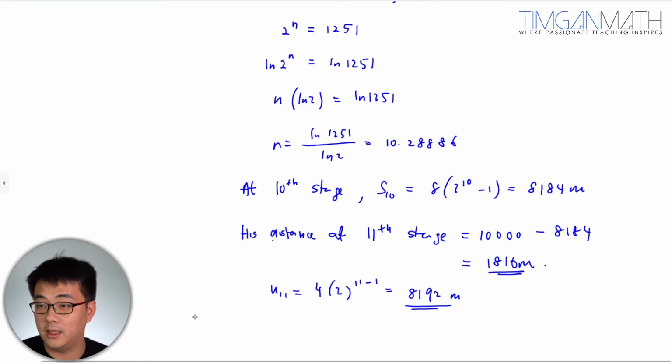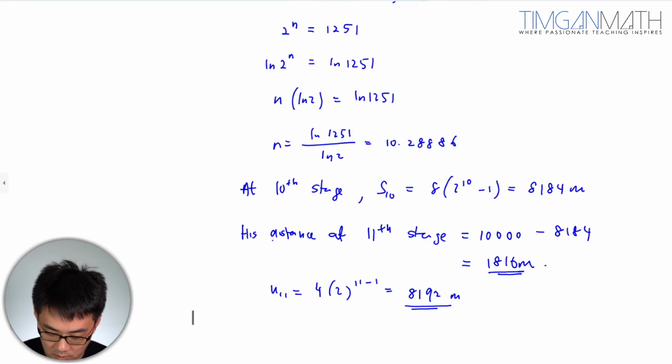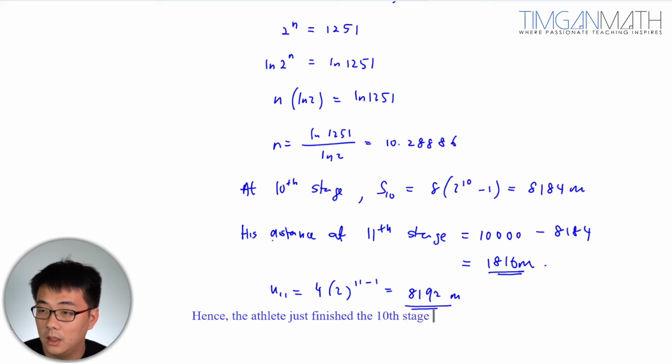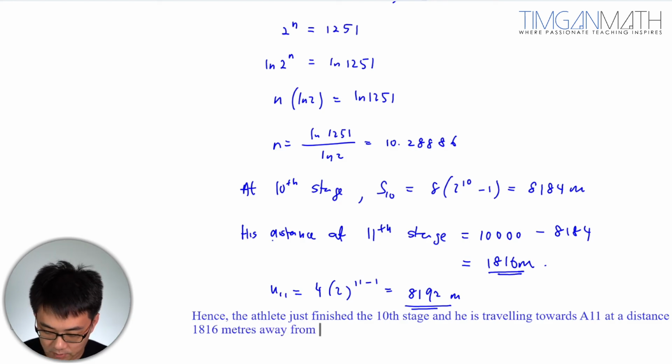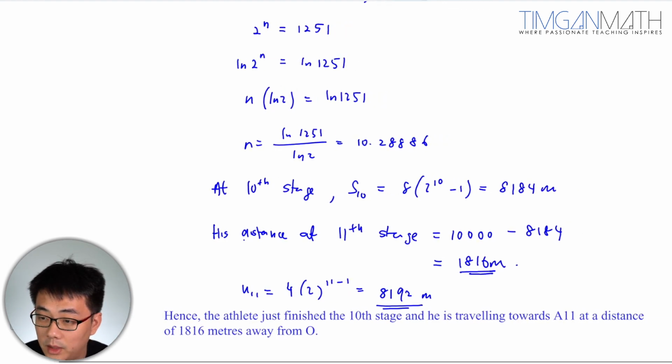So we could just write down: hence the athlete just finished the 10th stage and is travelling towards A11 at a distance of 1816 meters away from the origin. That's how we do this part here.